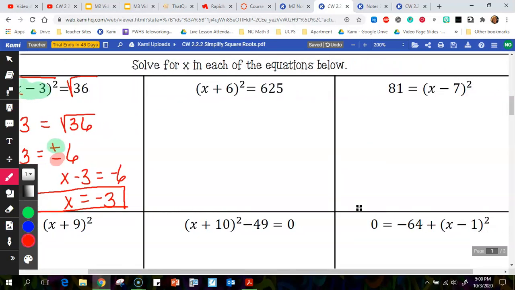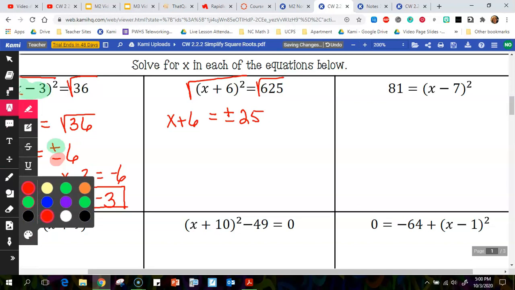All right, so the next one, the whole binomial is raised to the second power. So let's take the square root of both sides and let's rewrite this. X plus 6 equals, and we can go ahead and take the square root of 625. That's going to be 25. So it's going to be plus or minus 25.